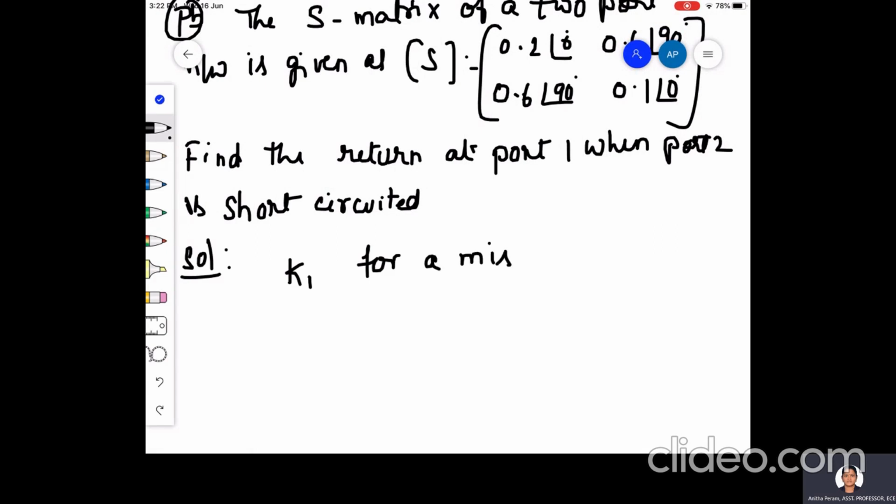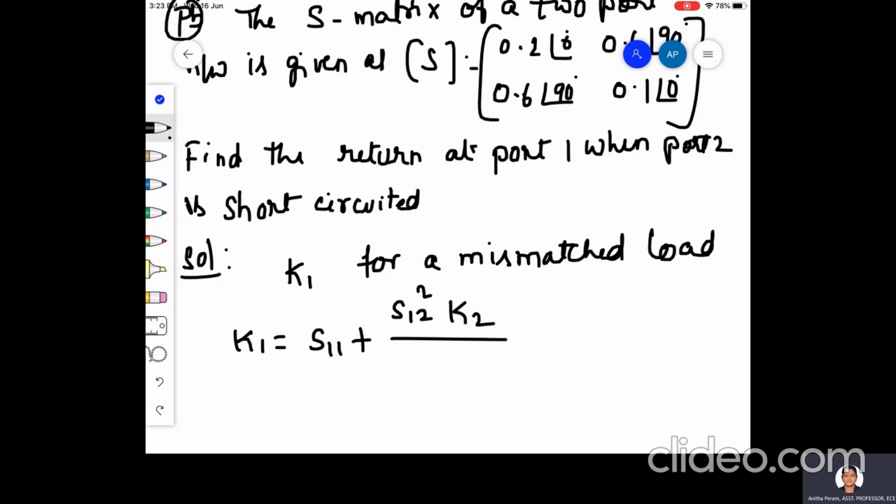It is not the same as S11. It is given as S11 plus, from the formula we have derived already, S12 square into K2 divided by 1 minus S22 multiplied with K2.